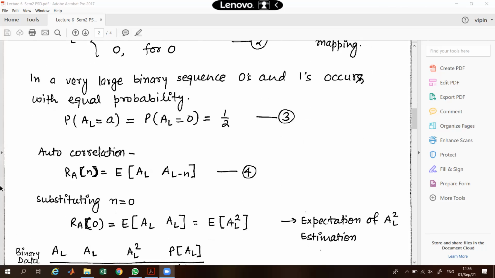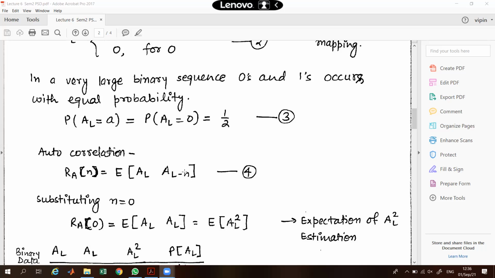Now, if you need to find the autocorrelation, for any function we use it as an expected value. So what are the possible amplitude levels we have? We have levels A_L and A_(L minus n). So n basically defines the level number.